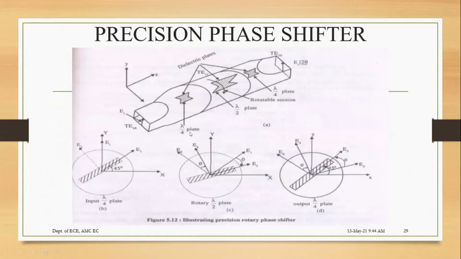It is lambda by 4 of length L, lambda by 2 of length 2L, and again the quarter wave section is lambda by 4. The quarter wave section will have a 45-degree dielectric plate, whereas the half wave section will have a 180-degree dielectric plate, which can be rotated until 360 degree. So all these three are dielectric plates.